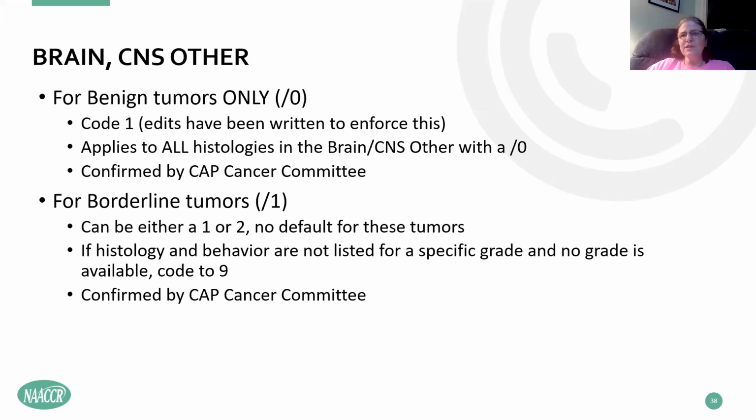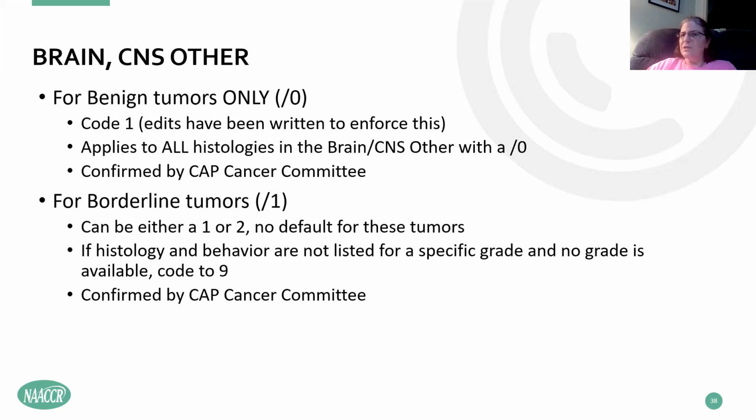So none of your cases from 2018 to 2020 will be edited. But you always want to assign a code 1. It applies to all the histologies in the brain, CNS, other with a /0. This was confirmed by the Cancer Committee. This is in the notes. This is also in the cancer forum.